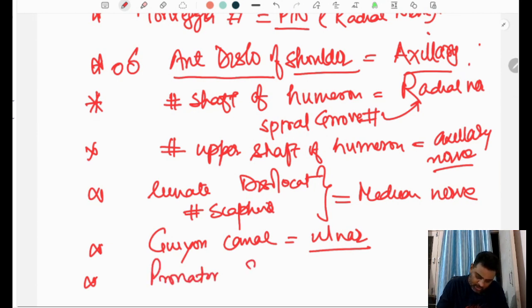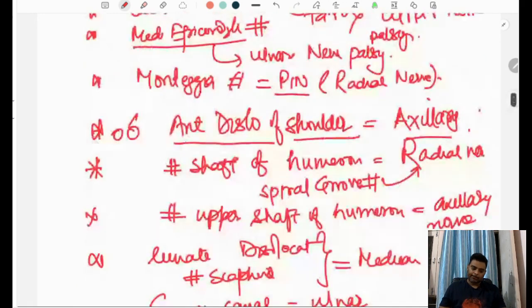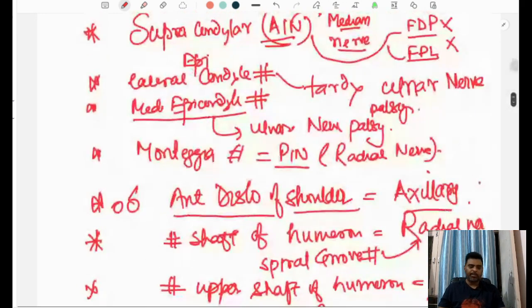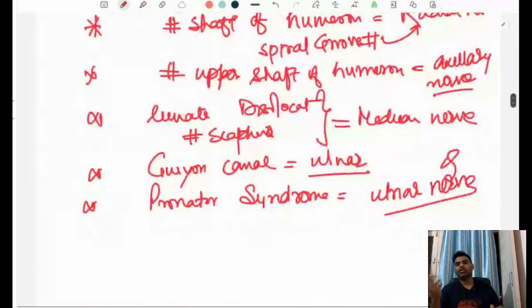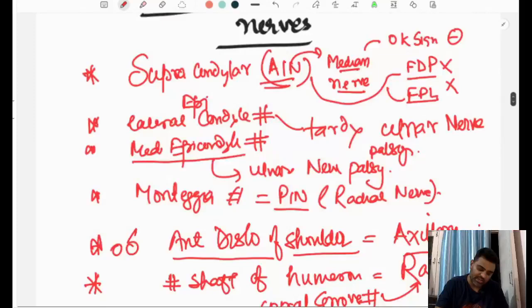In pronator syndrome, these all are the questions, the answer is the median nerve. This has been asked. In painful impingement syndrome, which is the muscle involved? I've already told you it is the partial tear, calcification or tendinitis of the supraspinatus. So these are the fracture associated nerves.